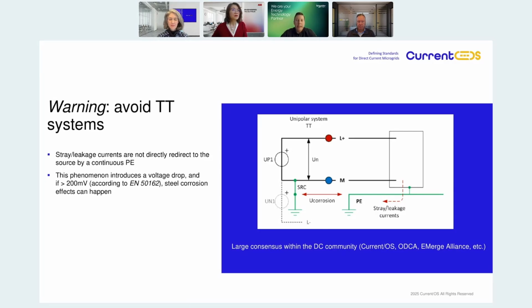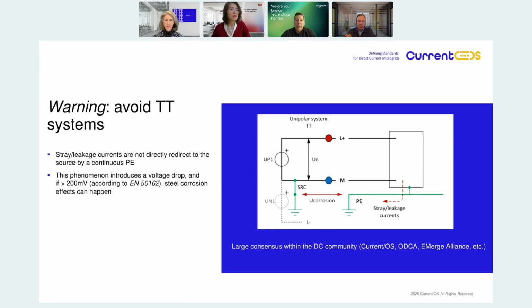In particular, if we have a TT system, so basically the active parts are grounded and also the exposed conductive parts ungrounded, these systems are not recommended, not only by current OS, but also by other DC communities like ODCA or Emerging Alliance. Why? Because the stray leakage currents are not directly redirected to the source by a continuous PE, of course, through the ground.